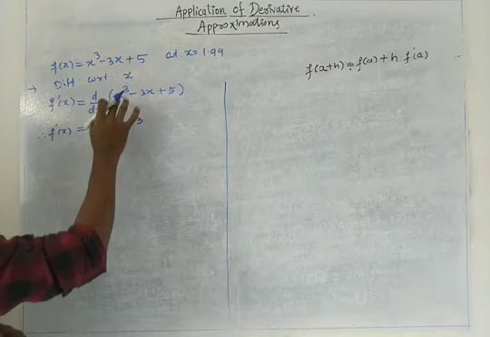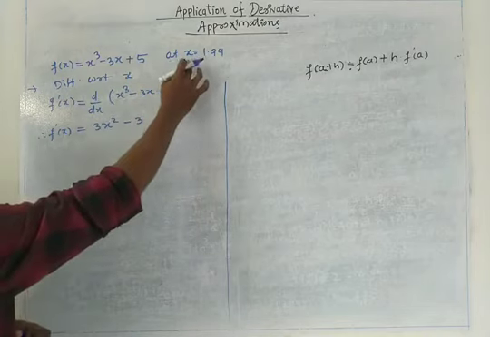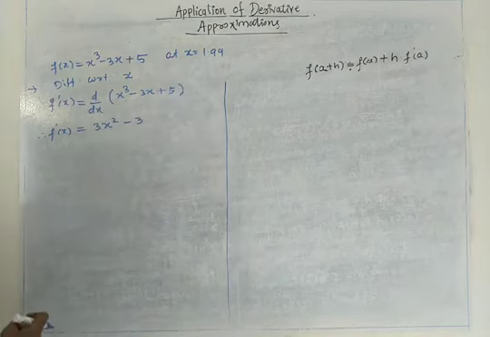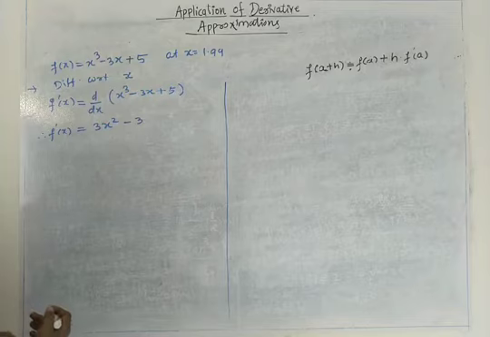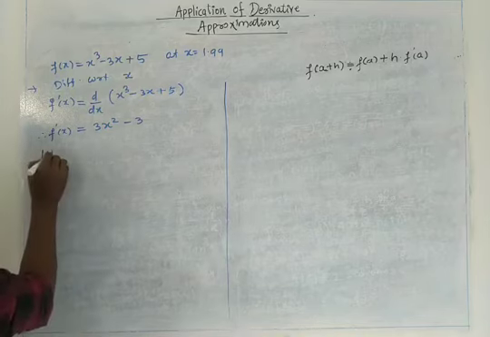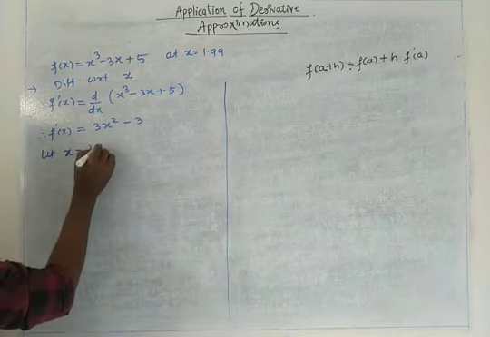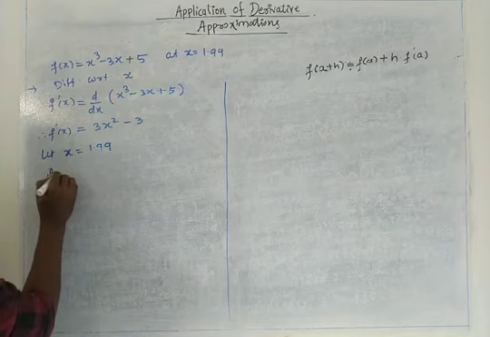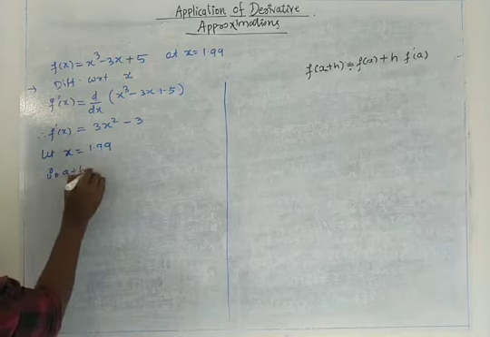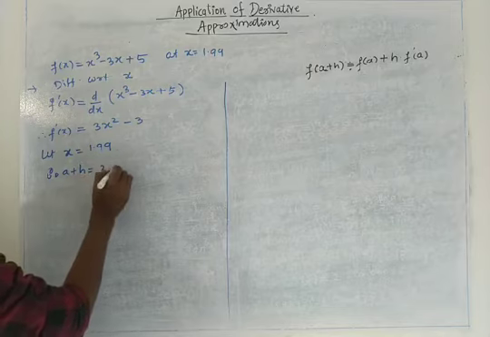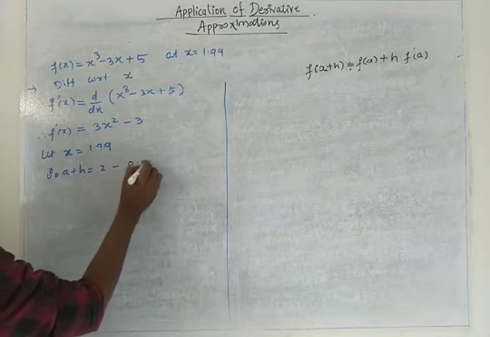Now it is x cube and x square. So the value of x is 1.99. So which square can we easily do? The value 1.99 is very close to 2. Okay. So let x is equal to 1.99. Therefore a plus h, that is x, can be written as a plus h as 2 minus 0.01.